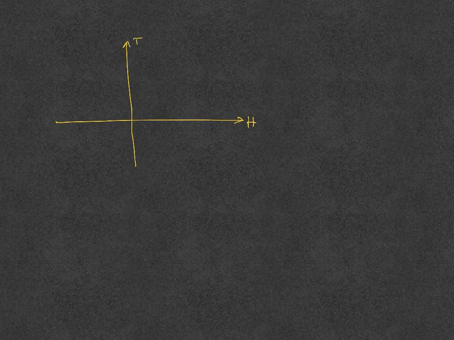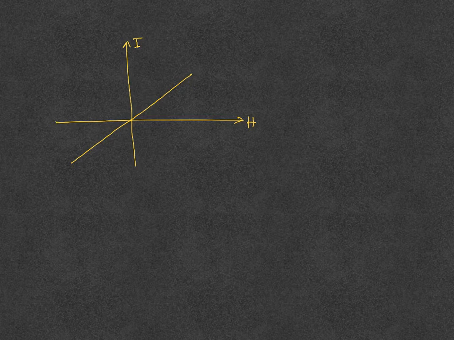I versus H. This is not drawn to scale. If it is drawn to scale, then it will be very small.